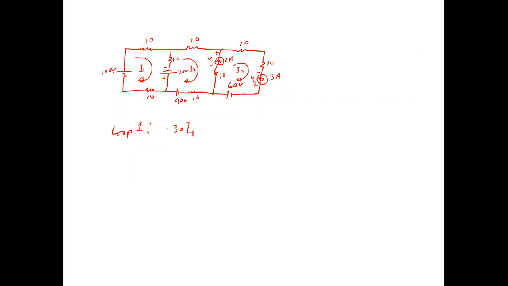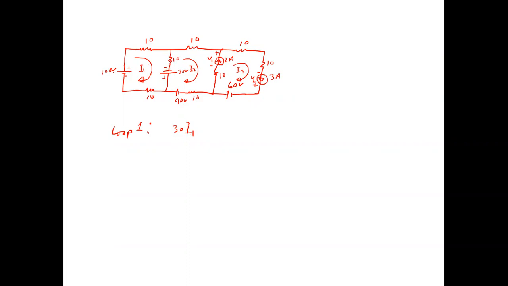Okay, all are clear. At first, loop equation formula, total resistance calculation 10, 10 and 10. Total resistance is 30 and this is the loop I1. So 30 into I1. Then minus this resistance, which is used by another loop, this 10 resistance.